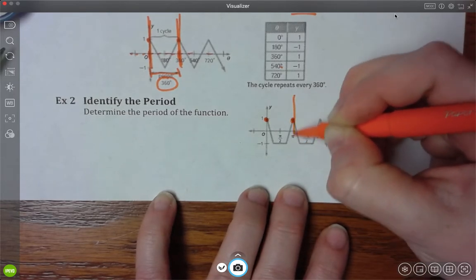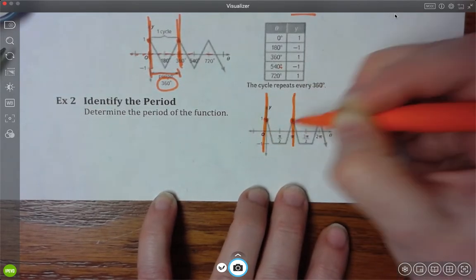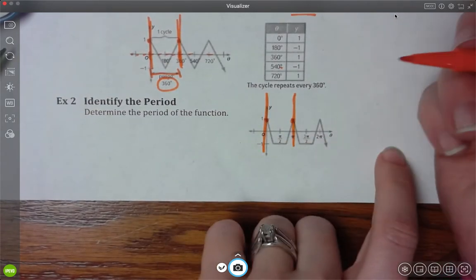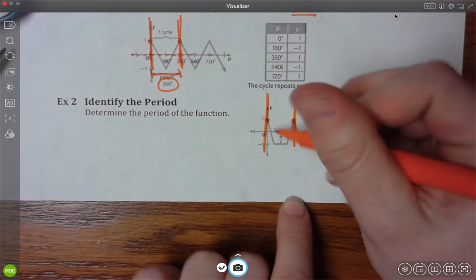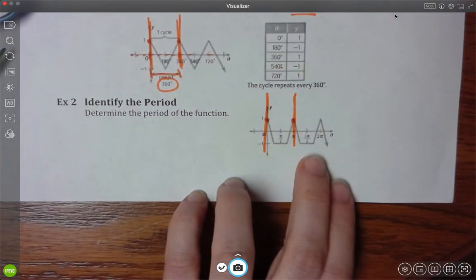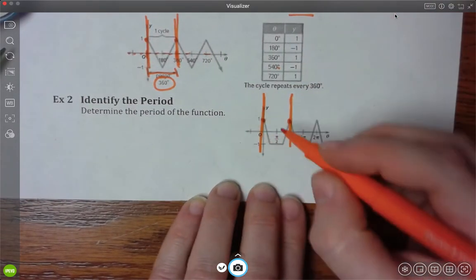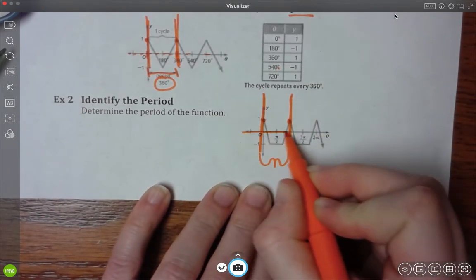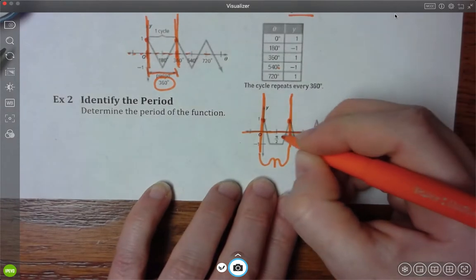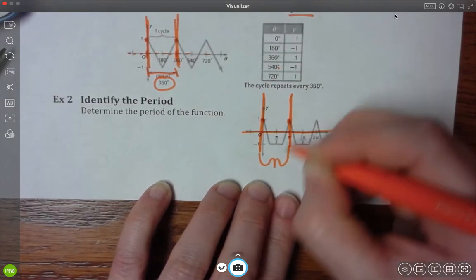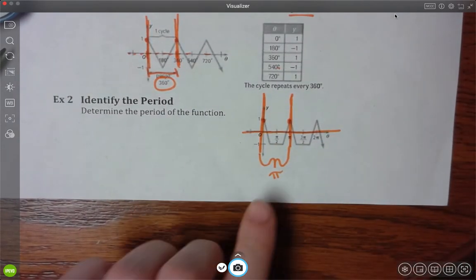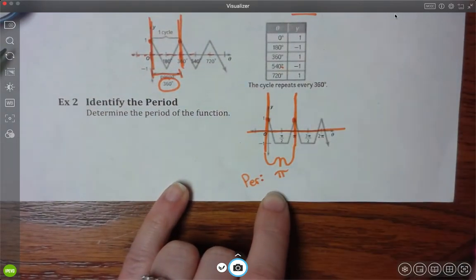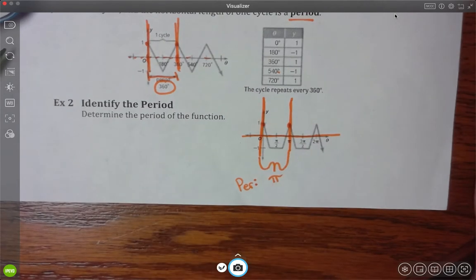So I can chunk this off and say that this is one full period, and then basically we've hit copy, paste, copy, paste over and over again to get that same picture. Now, how wide is it from here to here? Look at your x-axis. That's a distance from 0 to pi, okay? So the period here is going to be pi. That's how wide that one cycle is, okay?